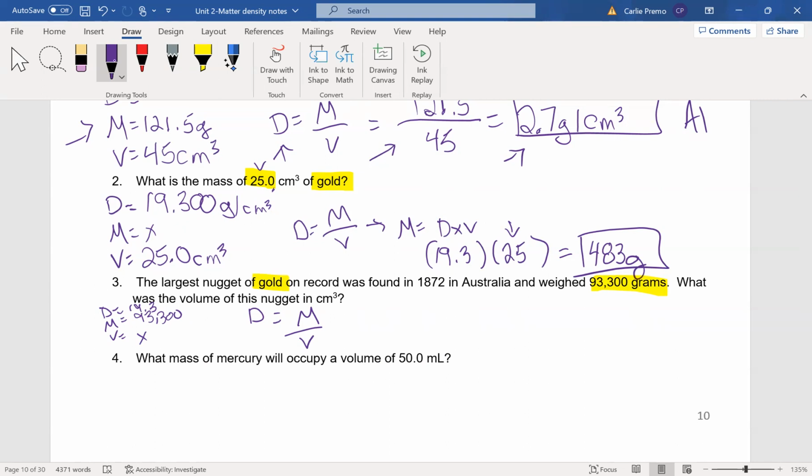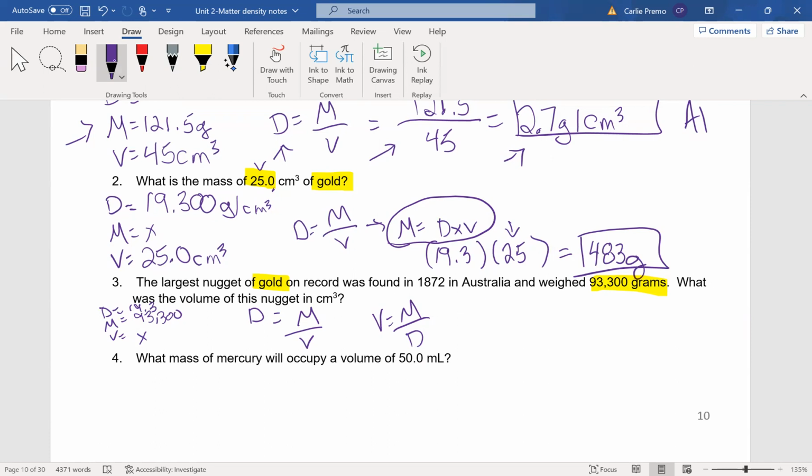Because if you move M over, you're left with 1 over V, not just V. So you would need to flip that fraction or get an answer and then take 1 over that answer. Oftentimes I say that this is probably the better equation if you're going to memorize a version of it, which is the slope version of it, because it's just easier to do the algebra. It's easier to see here that when you're solving for the volume that you're going to end up with mass over density. And that's less obvious in the original density equation, just based on what I've seen in the past.